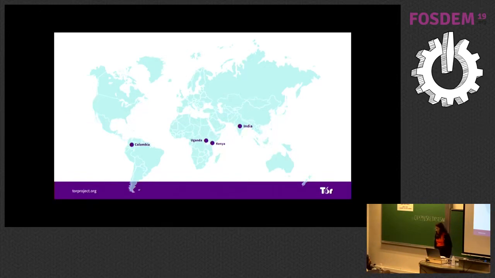We travel there, we meet people, we talk with them, we see how poor the infrastructure is, we see how expensive it is to access the internet there, we see how oppressive governments are ruling these countries. And this allows us to understand our users' context.